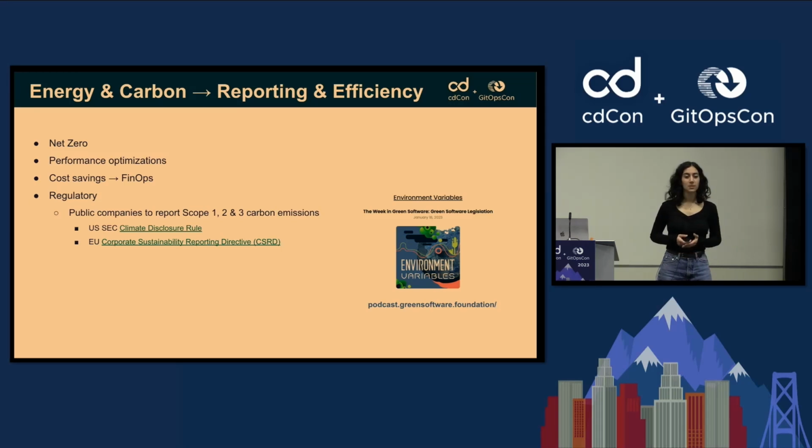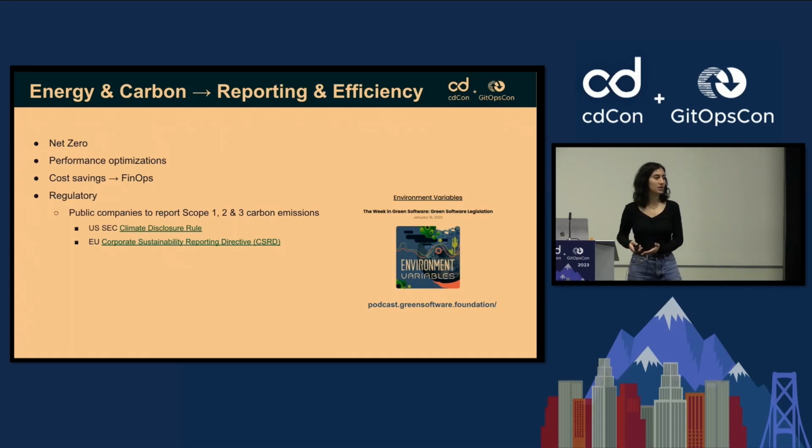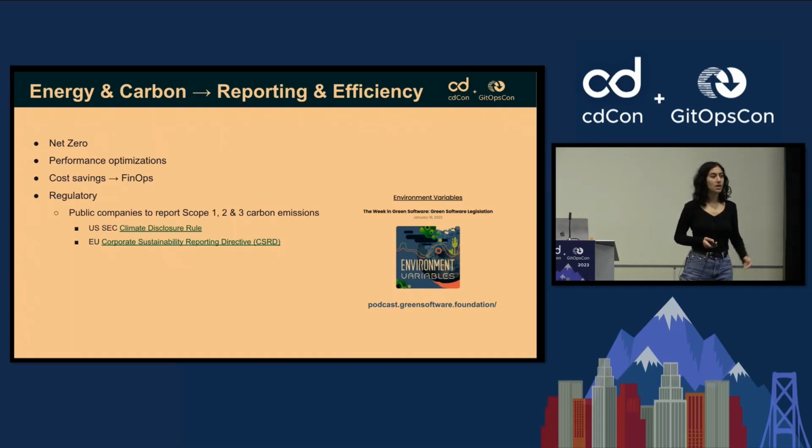There are performance optimizations to be gained from energy efficiency, as well as cost savings, also encompassed by the term FinOps, where you can deduce that if you reduce your resource utilization and cloud usage through cost optimizations, that may be a proxy metric for sustainability metrics.